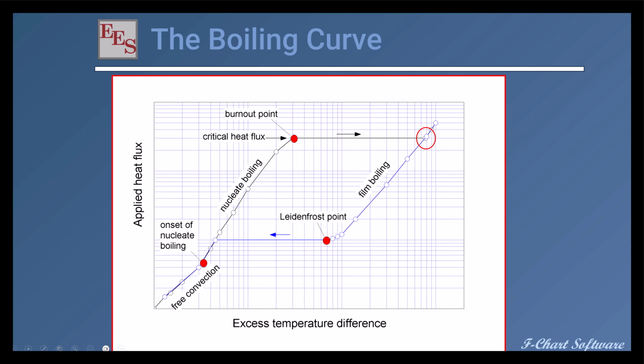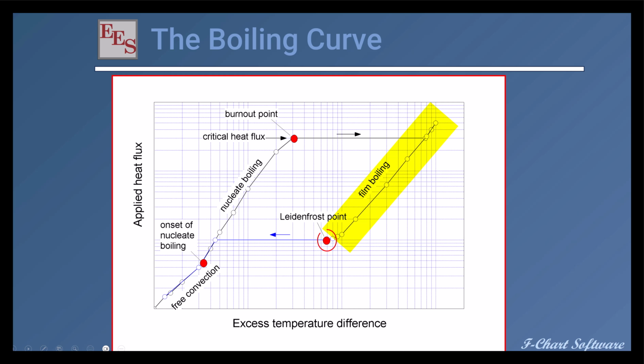So film boiling here is where you are completely blanketed by a low conductivity vapor, whereas nucleate boiling is where you have liquid that comes into contact with your surface. So that gets you all the way over to here, and further heating would push you up the film boiling curve. If you cooled, you see the hysteresis in the boiling curve, where you're cooling now and you remain in film boiling even below the critical heat flux.